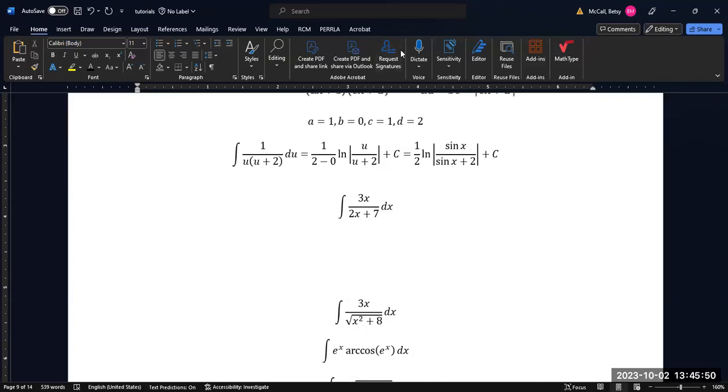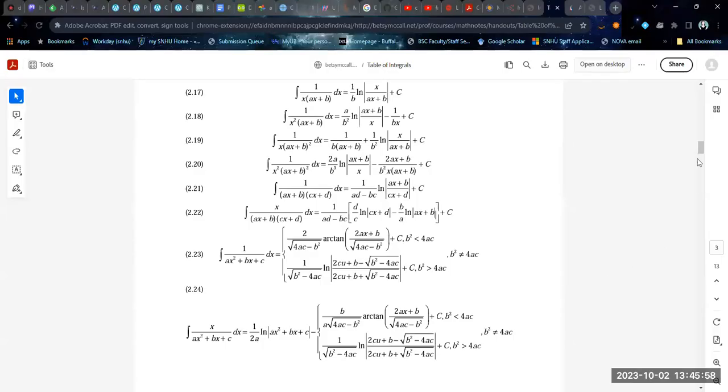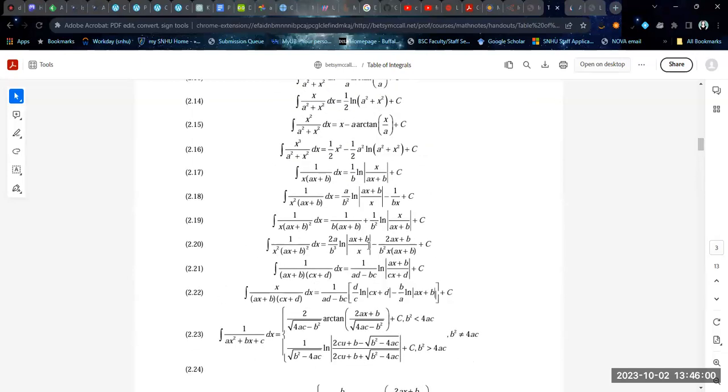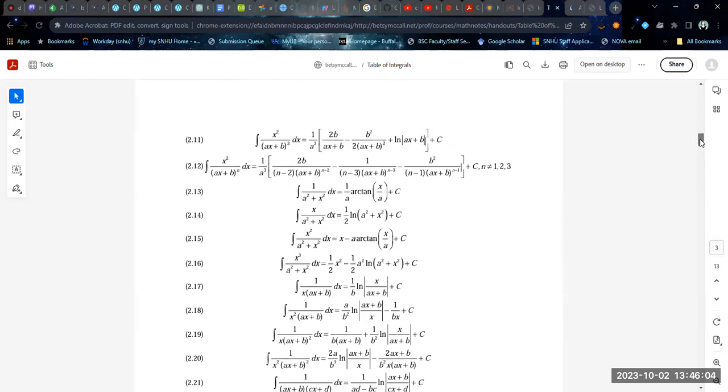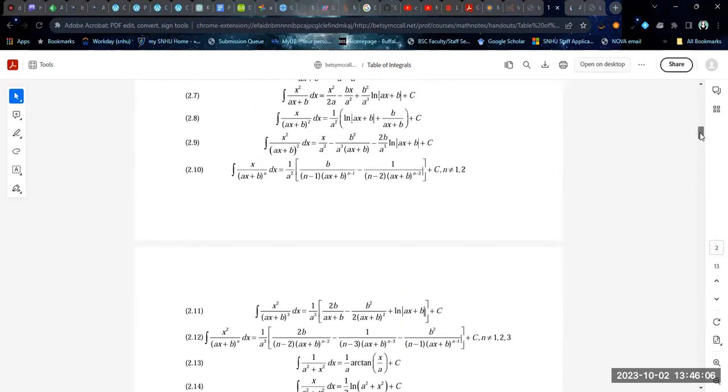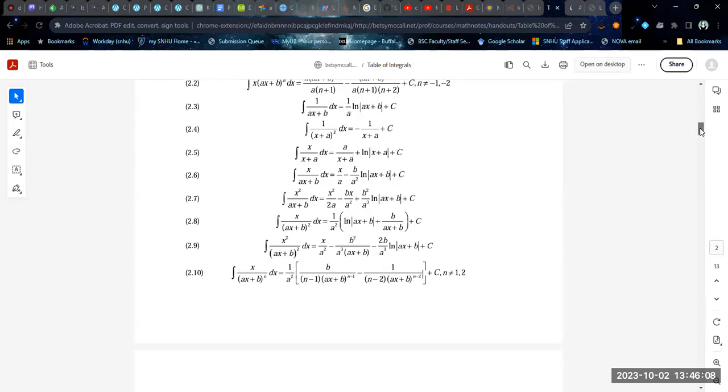So let's go back to the table. We're basically more or less in the right place. We need linear factors like these, but we need an X in the numerator. So we need this one basically.